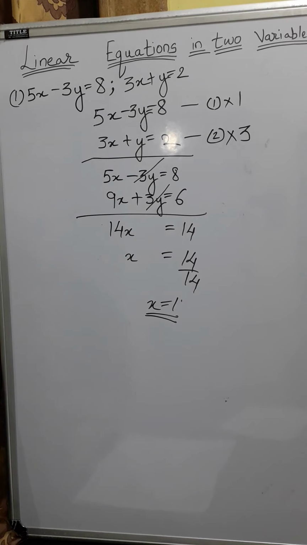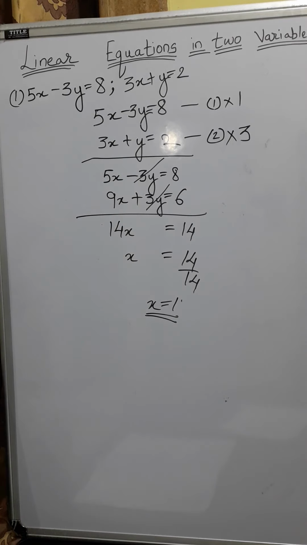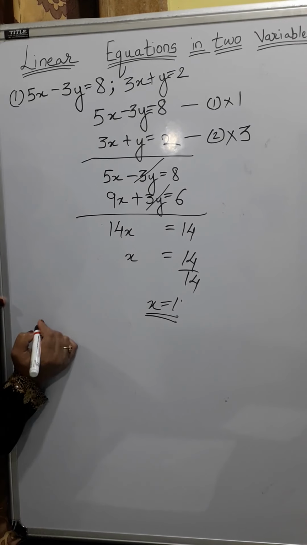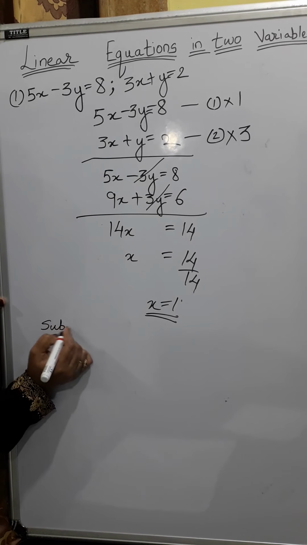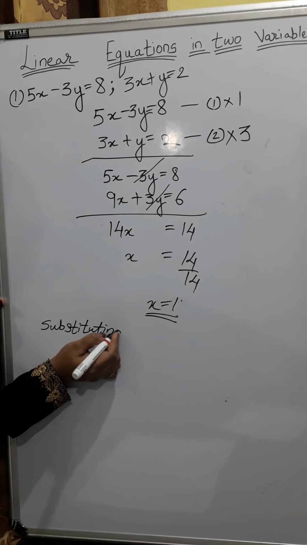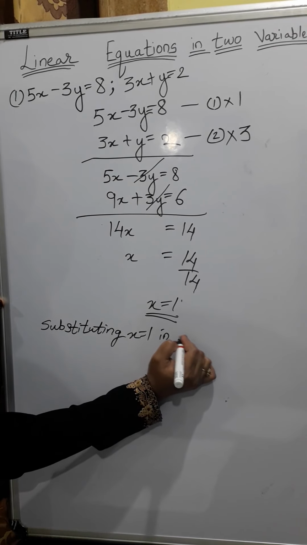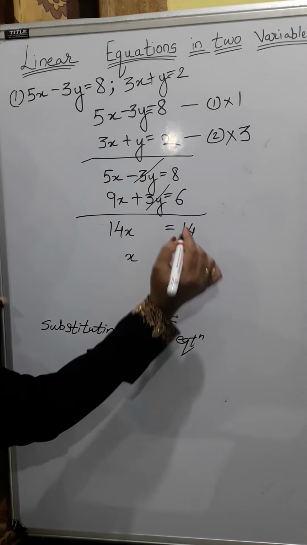Now you have to substitute this value of x in any one of the equations, so that you get the value of the other variable. See here, substituting x is equal to 1 in, for example, equation 1.